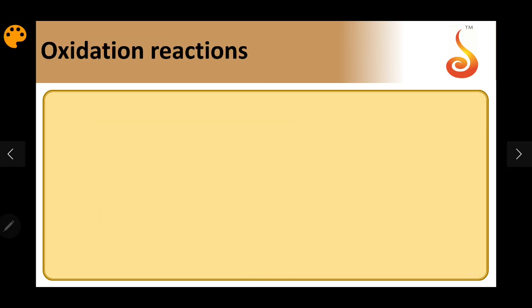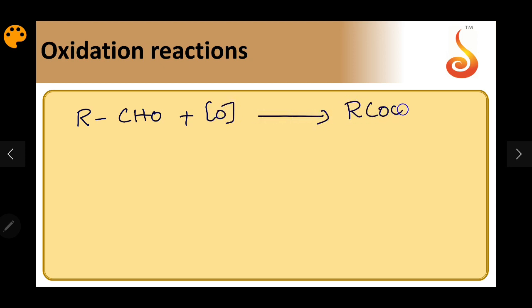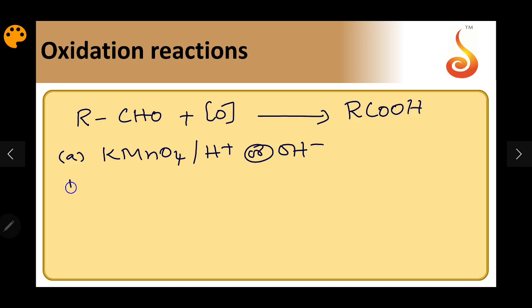Oxidation reactions. Aldehydes are easily oxidized to the corresponding carboxylic acid. So here there is no change in the number of carbon atoms. So the reagents I can use: I can definitely use KMnO4 in acidic medium or OH medium, and I can use K2Cr2O7 in acidic medium.